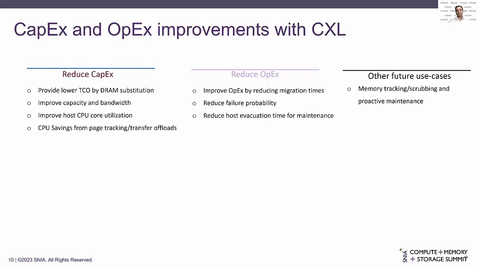In terms of reducing OpEx, this is specifically how we are dealing with VMware-specific operational improvements. A lot of the things such as migrations can be operationally expensive, so VMware is definitely looking into ways in which it could reduce OpEx costs for our customers. We are also looking into potentially reducing the failure probability.